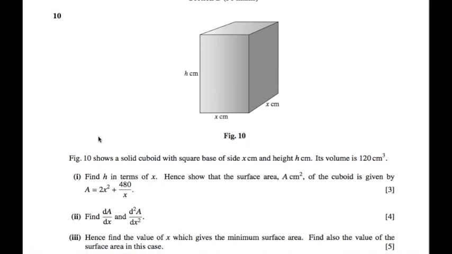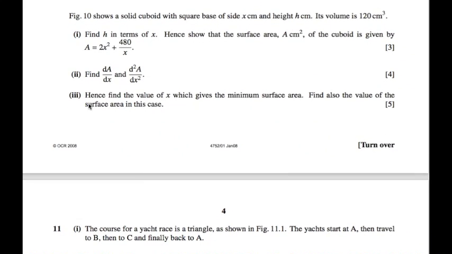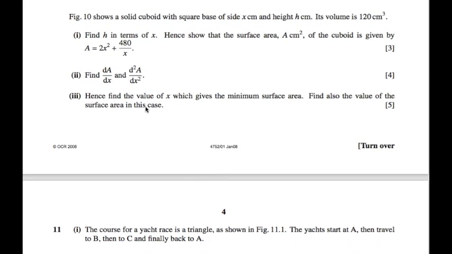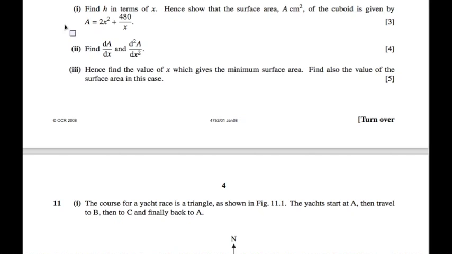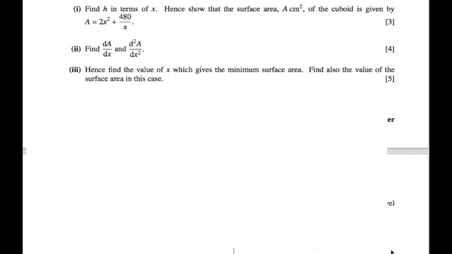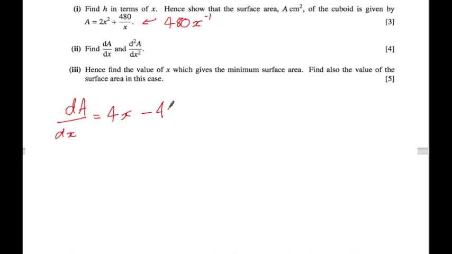Okay, good. Part 2, find dA by dx and the second derivative. So we need to differentiate this twice now. dA by dx will be, so the 2x squared will become 4x, and then 480 over x, we've got to make sure we write as 480x to the minus 1, and then remember the power drops to the front and we take 1 away, so we get minus 480x to the minus 2.